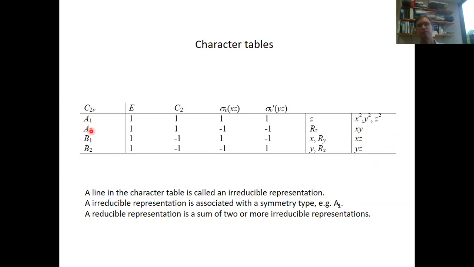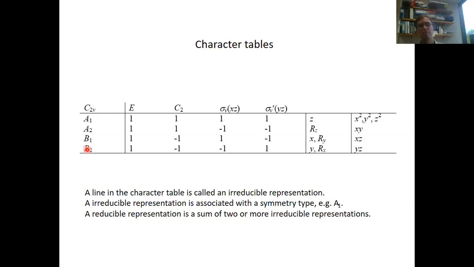But regardless of what the mathematical function is, you have a finite number of irreducible representations and a finite number of symmetry types attached to them. So this is in a very brief form what character tables are about. Now our task is to determine the irreducible representations of our ligand group orbitals.